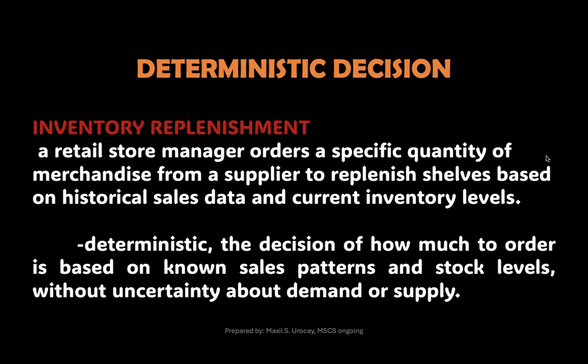There is a basis, which is the previous data. Current inventory levels are precisely known. There is no uncertainty in the demand forecast or in the supplier delivery. All variables are fixed and predictable. So the decision yields one certain outcome based on these known inputs.